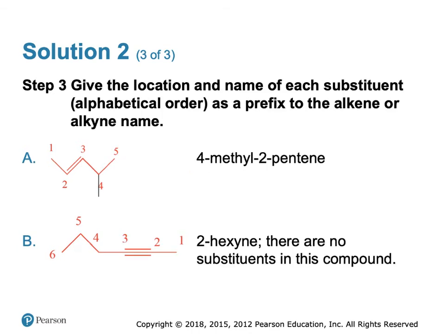And then we need to designate the substituent. So here, it will be 4-methyl-2-pentene, and then 2-hexyne. Again, if you want, you can put the number of the double bond in front of the ending, or the number of the triple bond in front of the ending. Both are acceptable ways to name these compounds.